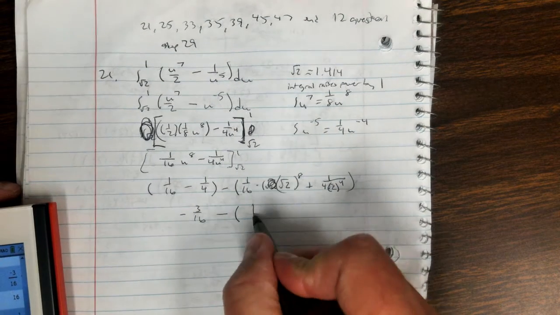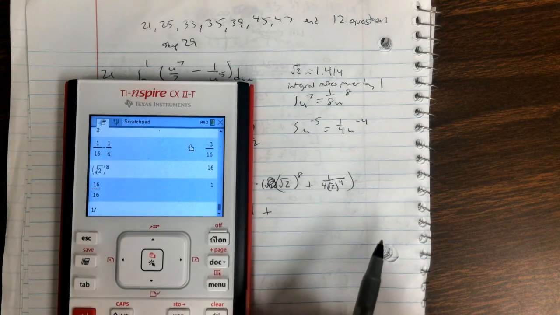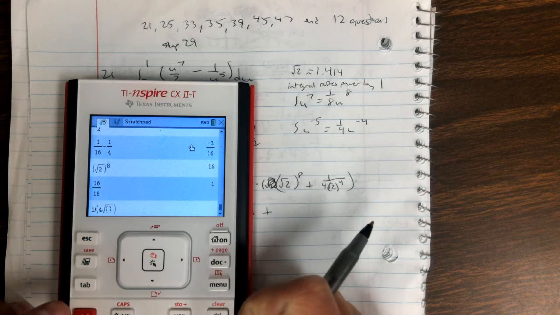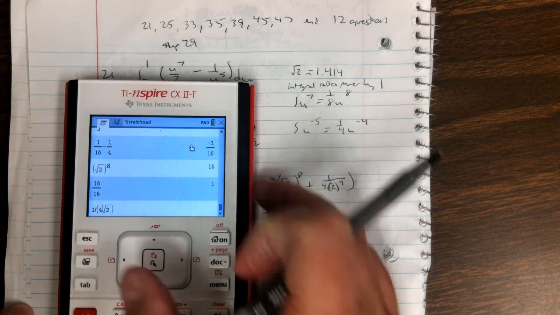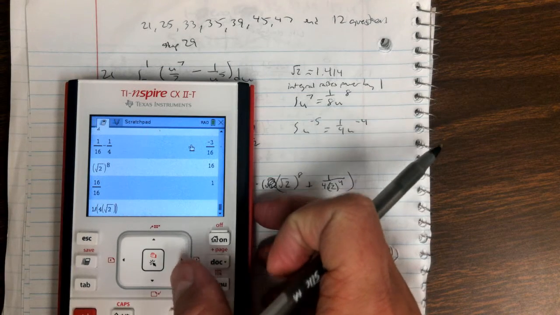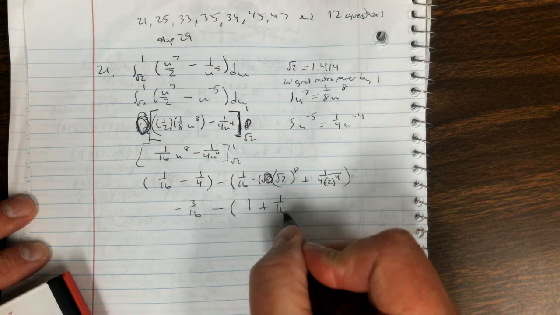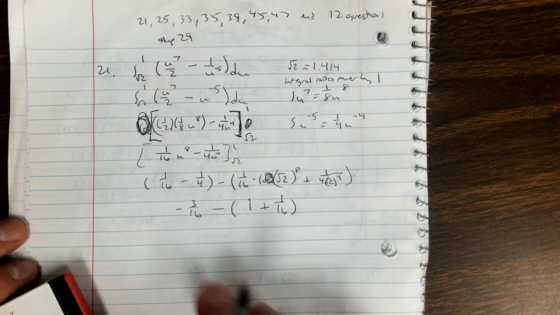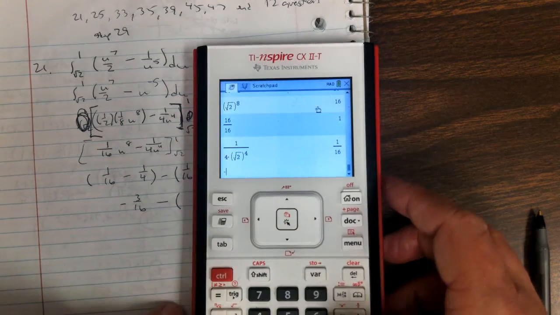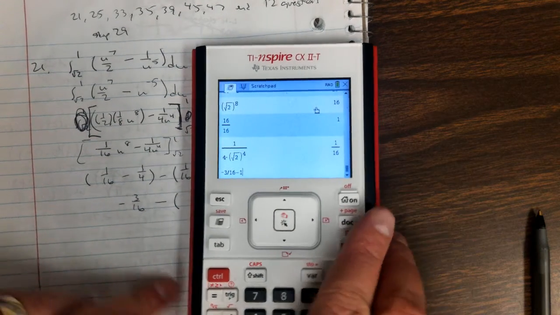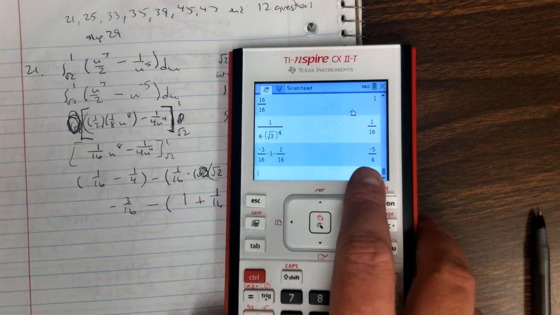So here we have 1 plus, okay, this one we need 1 over 4 square root of 2. Now the square root of 2 part goes to the 4th power, not the whole thing. So you need to put the extra parentheses and raise to the power. And so I get 1/16 there. Now you could distribute the minus sign or just type it that way and see what you get. So negative 3/16 minus 1, and minus 1/16. That gives me negative 5/4.